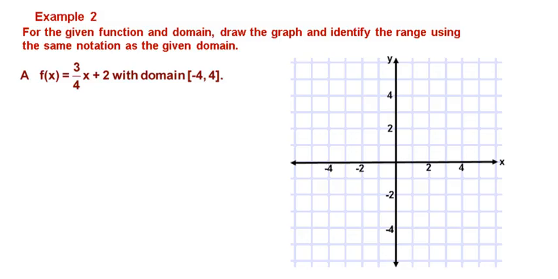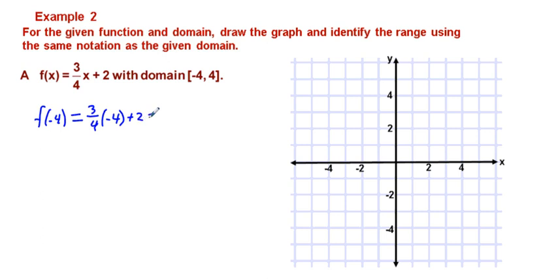So here we have example 2. For the given function and domain, draw the graph and identify the range using the same notation as the given domain. Well, we can do this a number of ways. One way is to find the output for our input value of -4. f of -4 is going to be 3/4 times -4, plus 2.